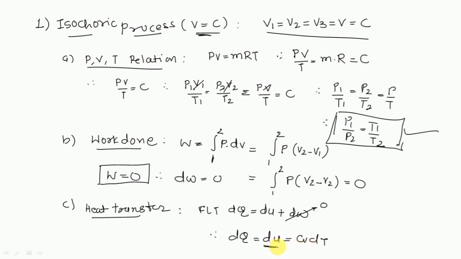So du equals Cv into dT, and for m kg of mass you can write Q equals U plus m Cv dT, and this is the equation for heat transfer for the constant volume process or isochoric process. So we have mainly three relations: the PVT relation, the work done relation, and the heat transfer relation, and they are important for the calculation of examples.